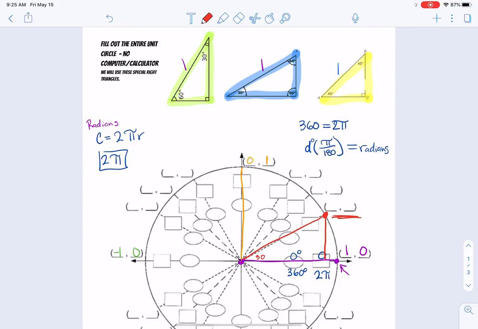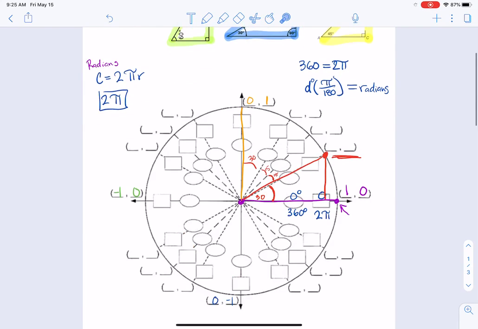If you think about how this unit circle has been broken up, the big gaps are 30 degrees, and the smaller ones in between are going to be 15 apart. So 15, 30, 30, 30, 15, 15, 30. And that's how this unit circle is going to build.